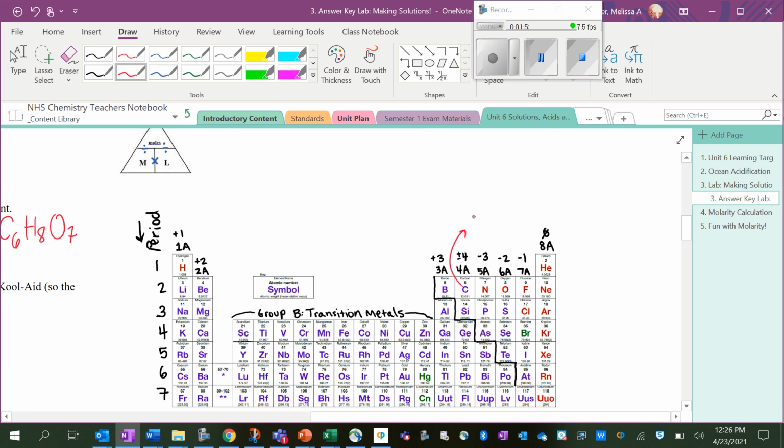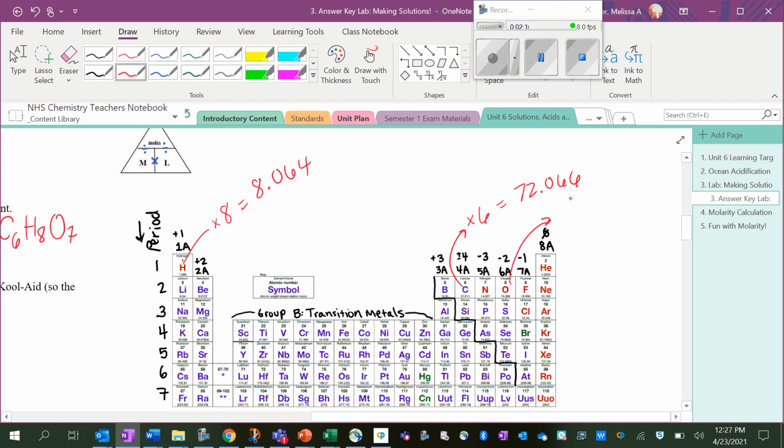So there are 6 carbons, so 12.011 times 6. That's 72.066. And then there's 8 hydrogens, so 1.008 times 8. That's 8.064.